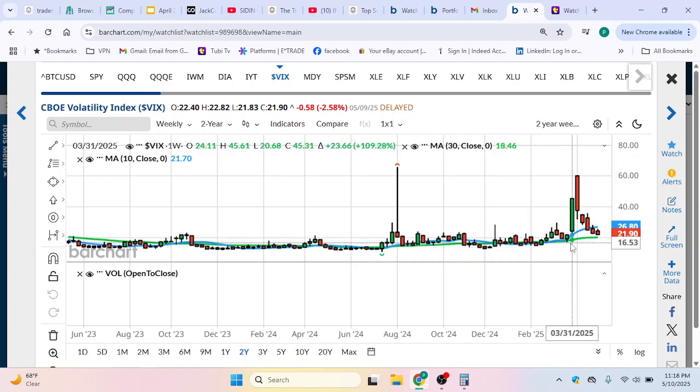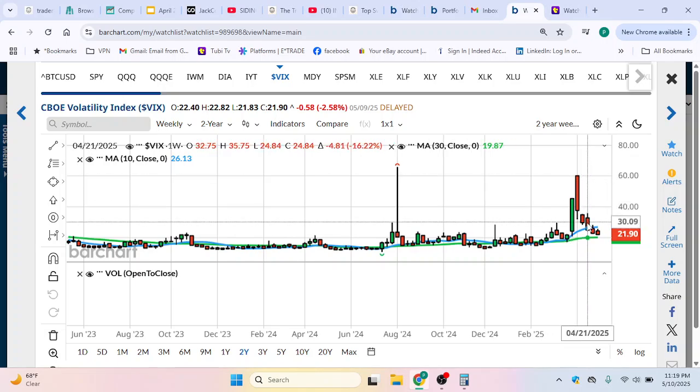This year we had fairly low volatility from January into March, and then a big spike in volatility, which is a proxy for fear, or the fear of the unknown, fear of uncertainty. And now things have calmed down.